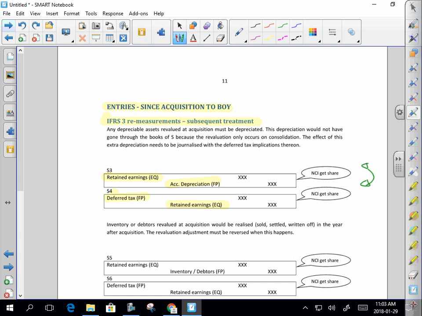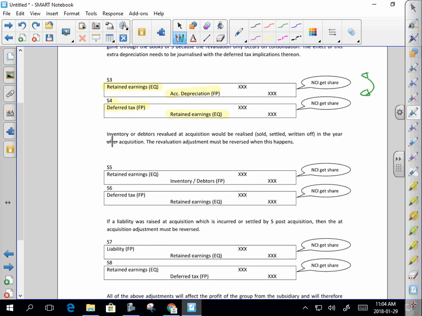A bigger asset needs more depreciation. A smaller asset needs less depreciation. I know that you know the journal entry for depreciation is debit depreciation, credit accumulated depreciation. If you need more of that, then make more of that. If you need less of that, it's the other way around.